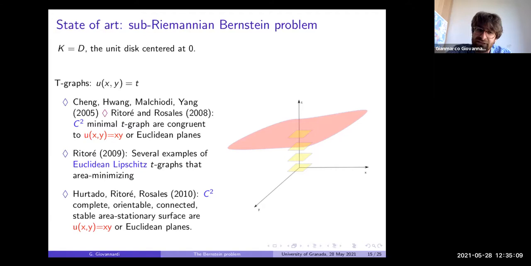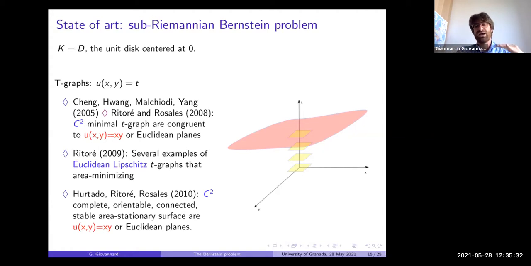If you consider a t-graph, Cheng, Hwang, Malchiodi, and Yang in 2005, and then Ritoré and Rosales refined the result, showed that a C2 minimal t-graph is congruent to a hyperboloid or a Euclidean plane.